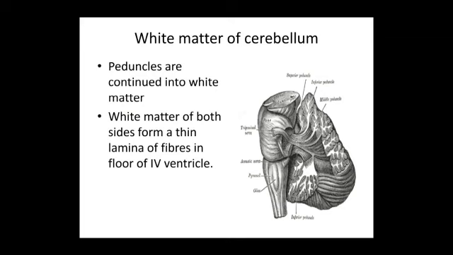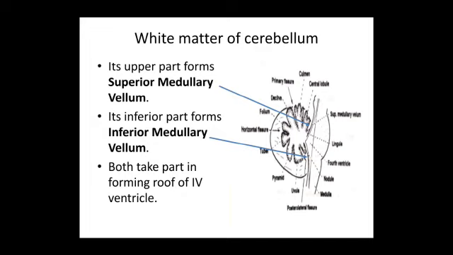The white matter of both sides forms a thin lamina of fibers in the floor of the fourth ventricle. Its upper part forms the superior medullary velum and its inferior part forms the inferior medullary velum. Both take part in the formation of the roof of the fourth ventricle.